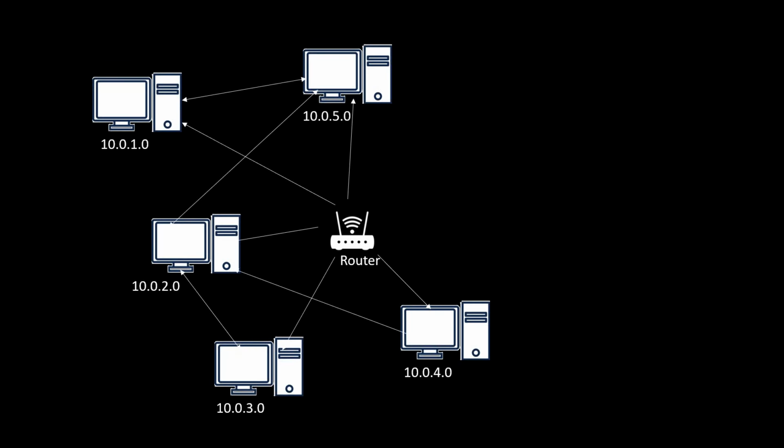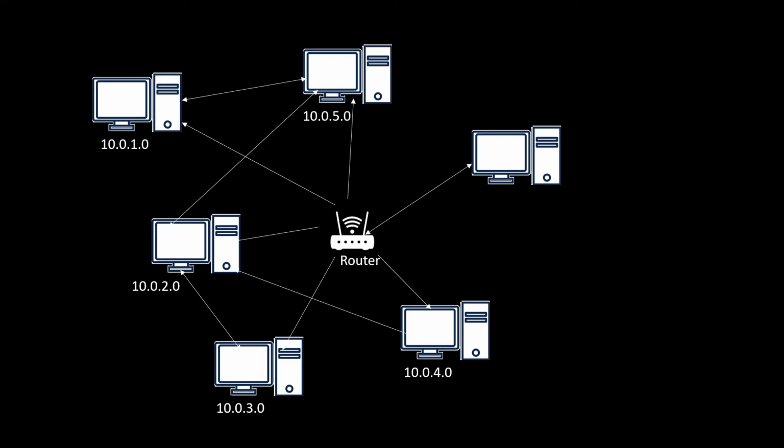So suppose we have this network where we have some computers attached to a router, and we have this private network, and we want to add a new device to this network. So suppose we want to add a new computer to this network. This computer can be assigned an IP address in two ways, either static IP or dynamic IP.